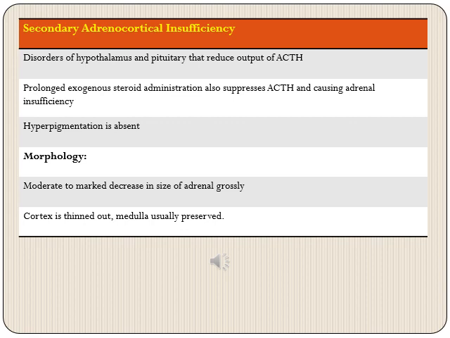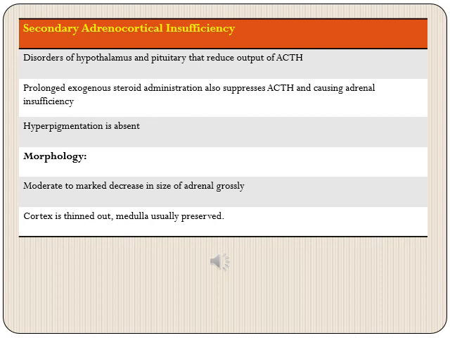Also, prolonged exogenous steroid administration can suppress ACTH and can cause adrenal insufficiency. What is different in secondary adrenocortical insufficiency is that the hyperpigmentation of Addison disease, which is primary chronic adrenocortical insufficiency, is absent, because the levels of pro-opiomelanocortin are not elevated.